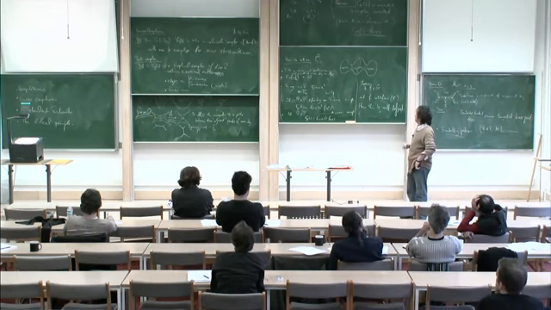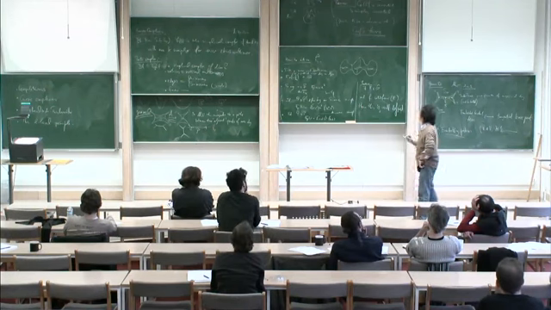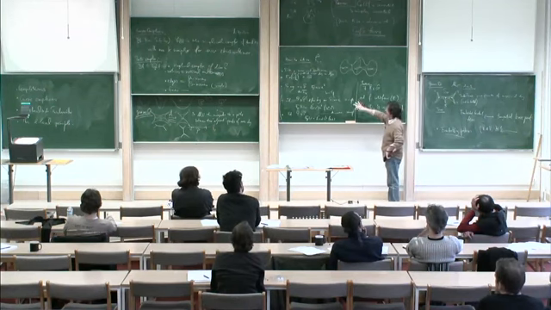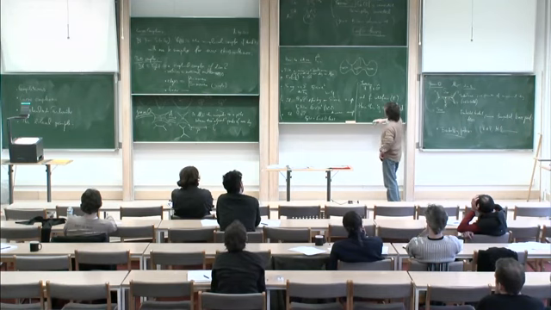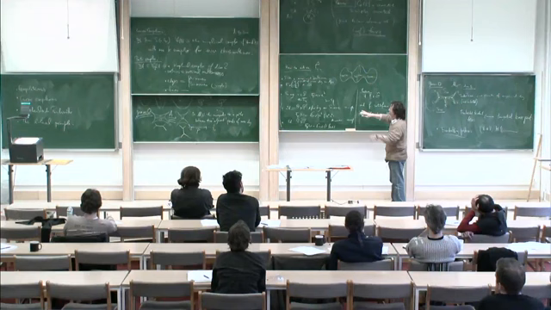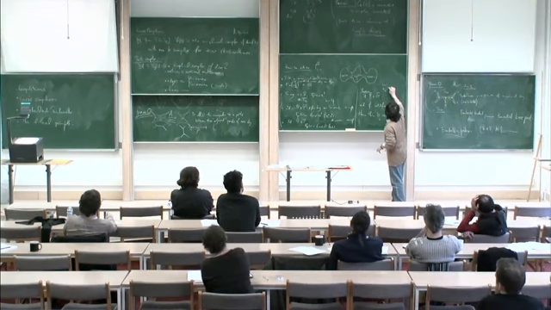Now I've cheated a bit. Not much, because this is slightly wrong. This is true, otherwise you have to put factors. This is true if you take lambda equals 1 and rho 2 equals 0.